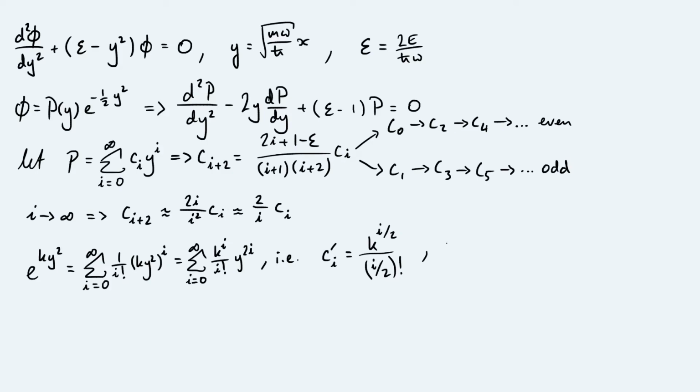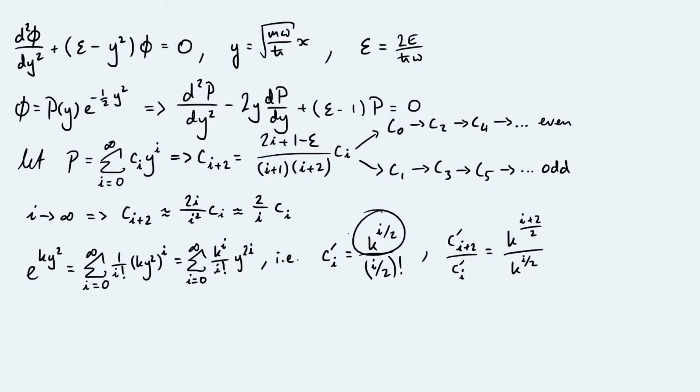So if you consider the ratio of the i plus 2th component over the ith component, in other words, ci plus 2 dash over ci dash, you're going to get a prefactor in terms of k, where you're going to get k to the power of i plus 2 divided by 2, divided by k to the power of i divided by 2.